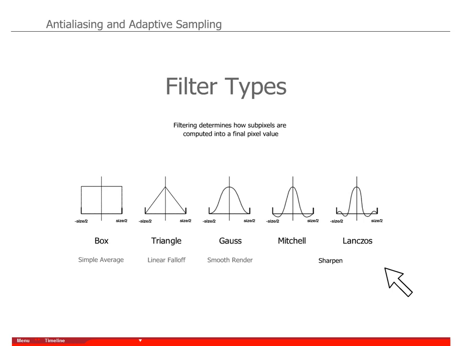In terms of rendering time, the cost obviously increases with these filters, because box is very simple. It's a simple average, very fast to compute. When you get to Mitchell and Lanczos, it's a very complex function that needs to be evaluated, so it will cost a little more time and more CPU.